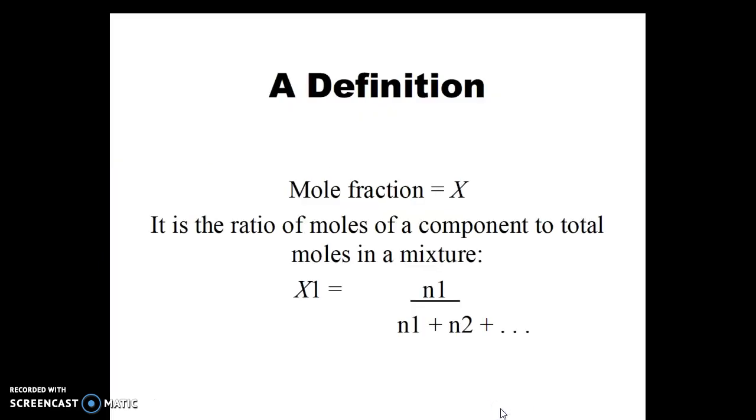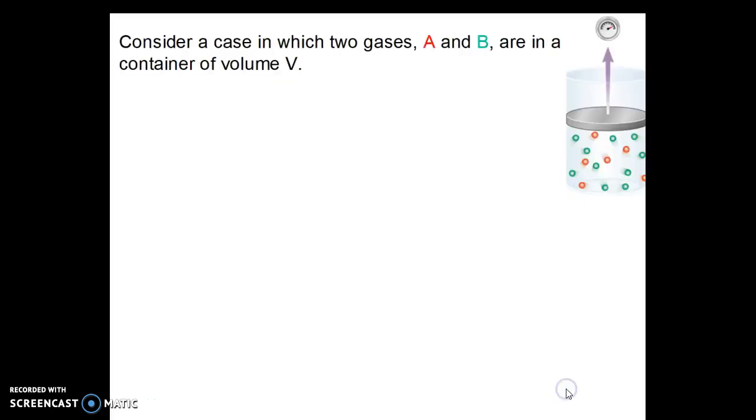How is that? Well, if we define mole fraction as the ratio of moles of one component of gases to the total moles in a mixture, we see that mole fraction 1 is equal to the number of moles of the first substance divided by the total number of moles, N1 plus N2 plus N3, however many there are in the mixture.